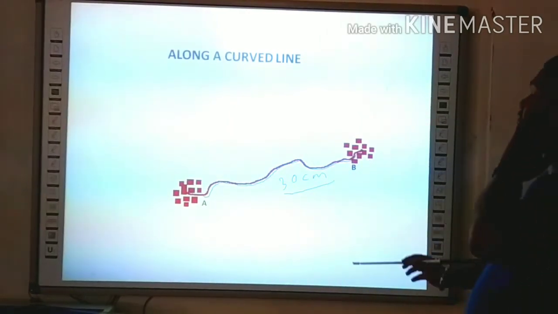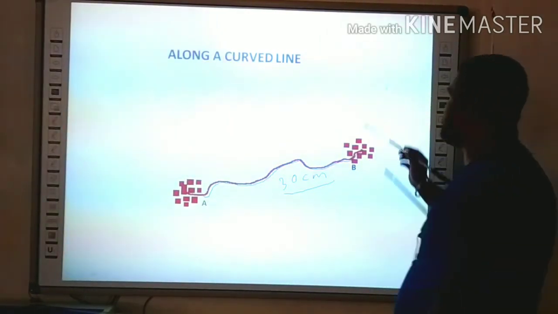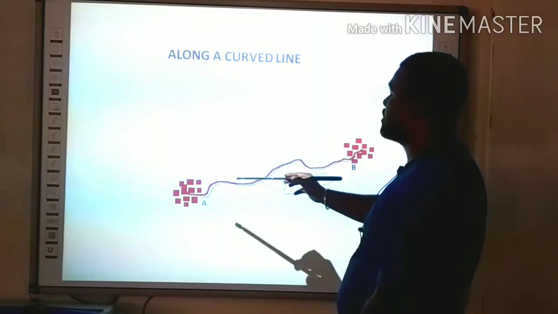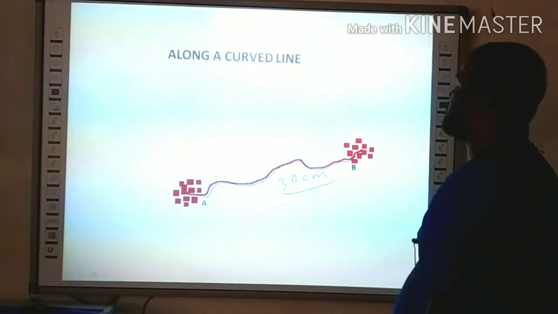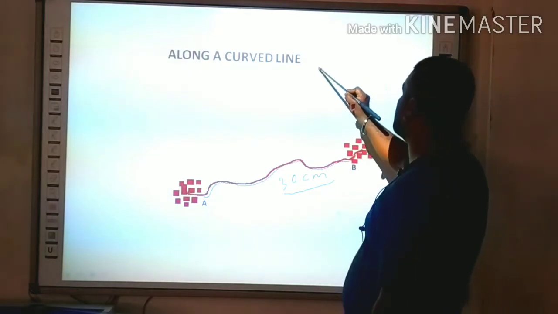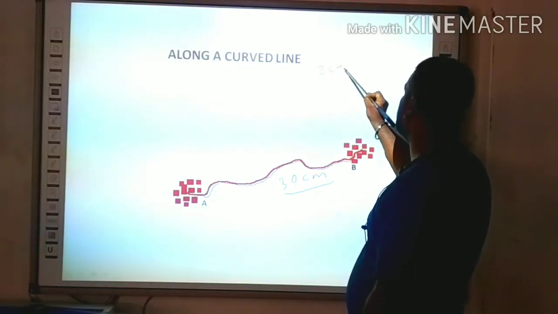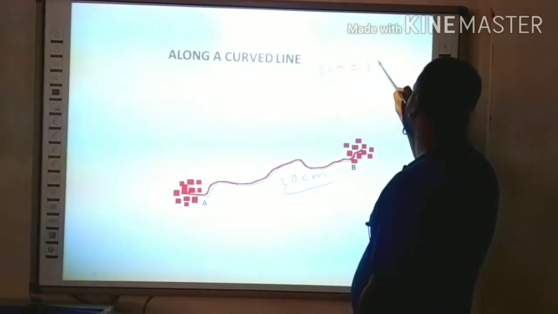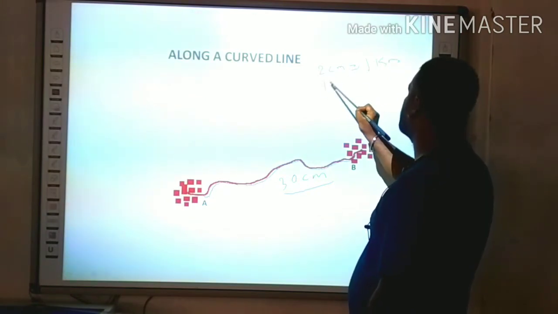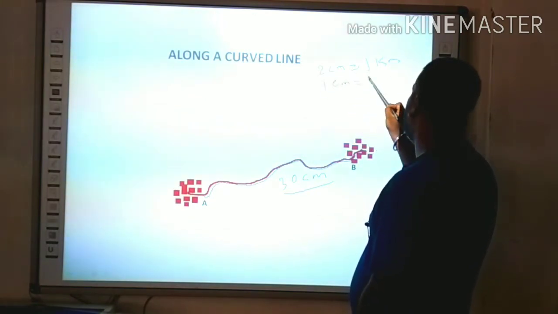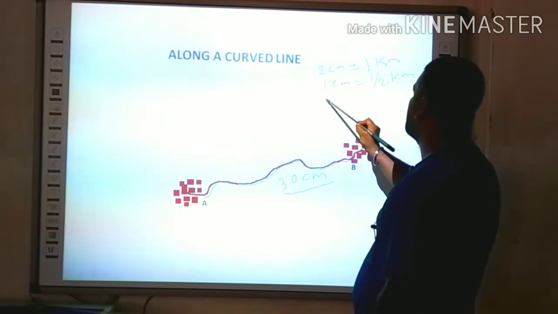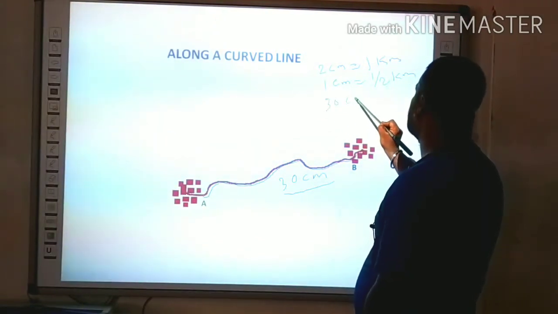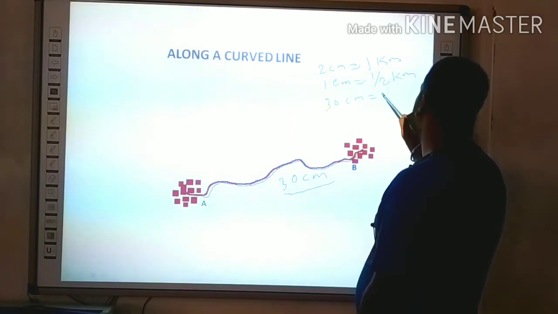Now you have to follow the same process to convert it into kilometer. What is the scale of the map? It was 2 centimeter is equal to 1 kilometer. Therefore 1 centimeter is equal to half kilometer, and 30 centimeter is equal to half into 30 kilometer.